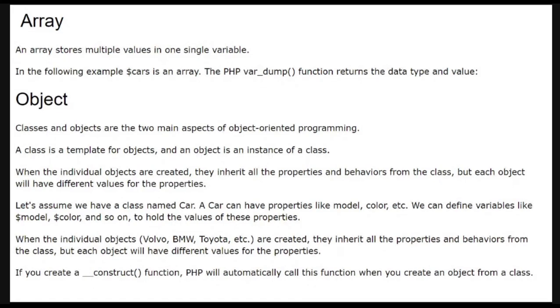An object is an instance of a class. Instance means we can say a replica of a class. A class is a template for objects and an object is an instance of a class. Note down this point.